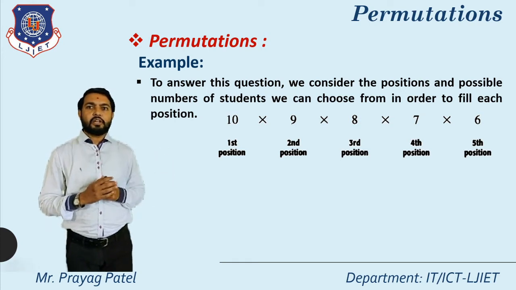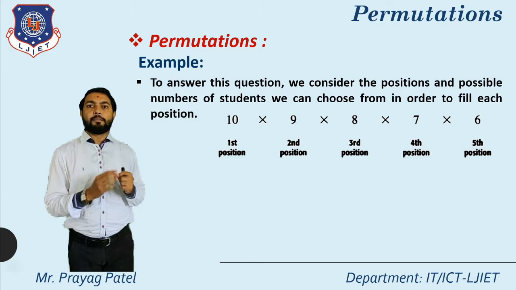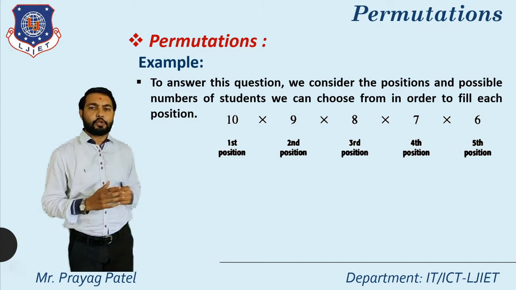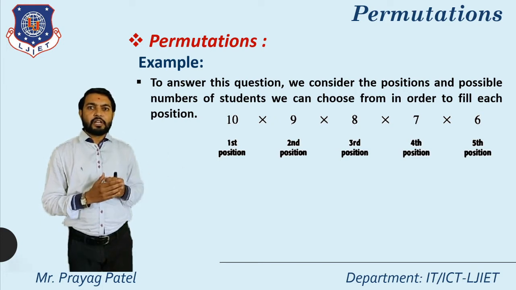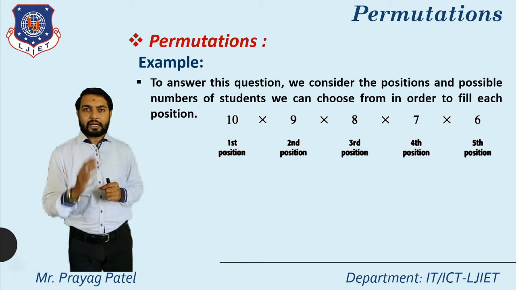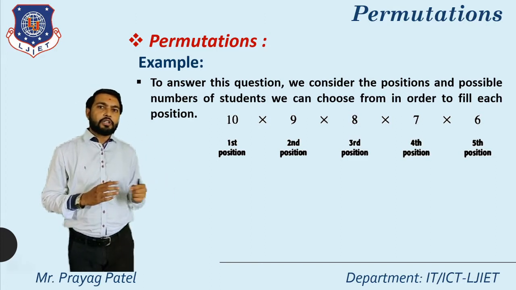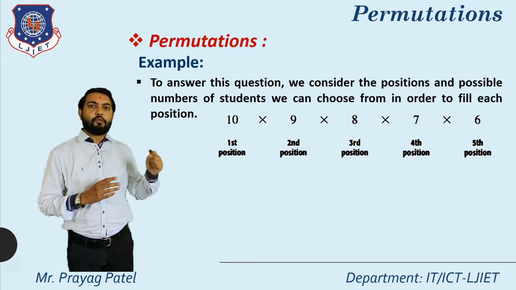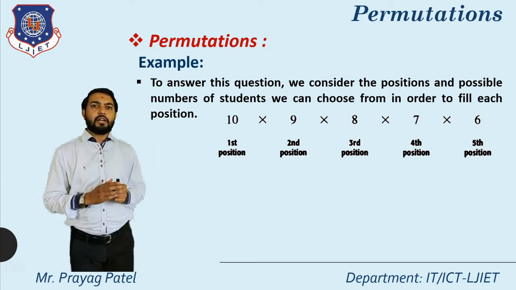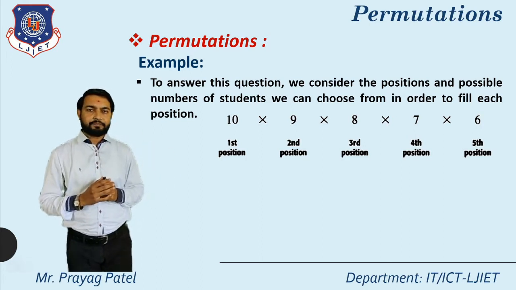For the first position, we consider A, B up to J. That means a total of 10 possibilities for the first position. Now for the second position, repetition is not allowed. That means 9 possibilities for the second position. Now for the third position, 8 possibilities. For the fourth position, 7 possibilities. And for the fifth position, 6 possibilities are there.